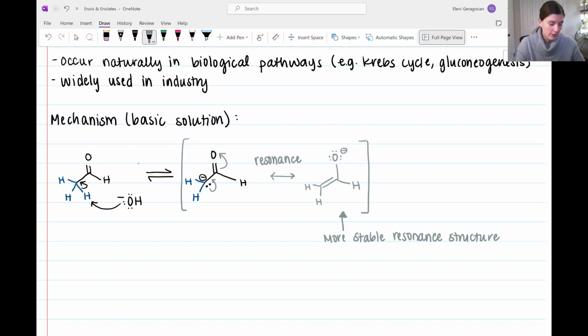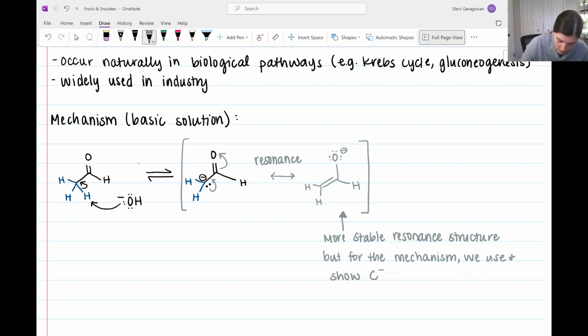But for the Aldol reaction, for the mechanism, we use and show the structure with a negative charge on the carbon.